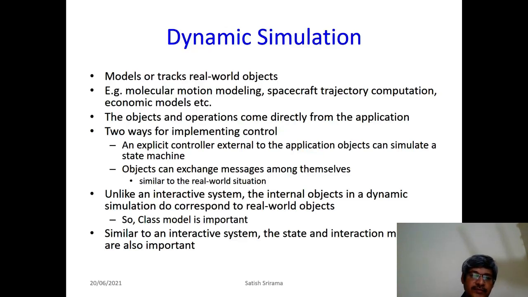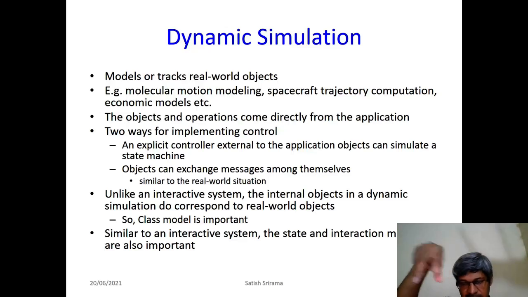There are two ways of implementing such a control. One is we can have an explicit external controller to the application objects, and this can simulate a state machine, so how the objects are communicating, etc. Alternatively, the objects can themselves exchange messages, similar to the real world situation. In the real world, the physical objects are the ones exchanging messages.